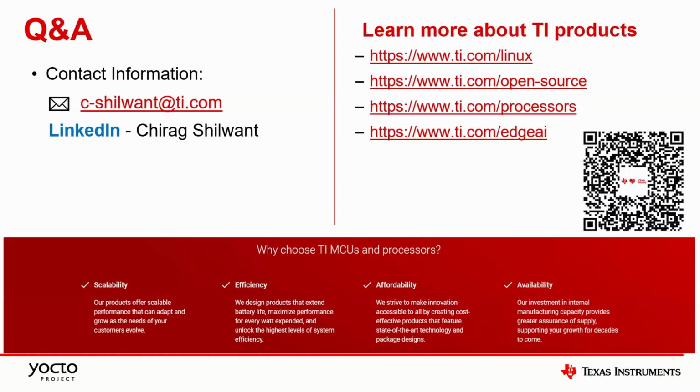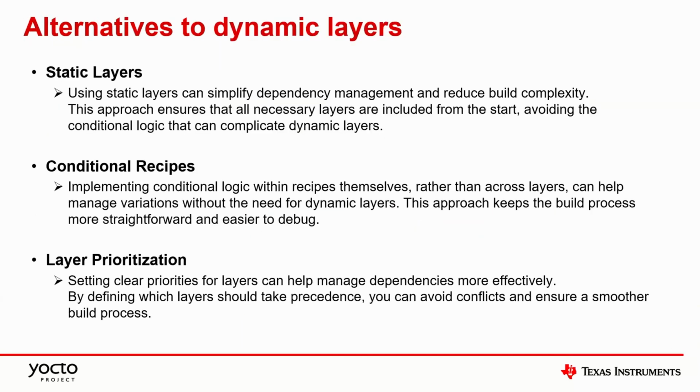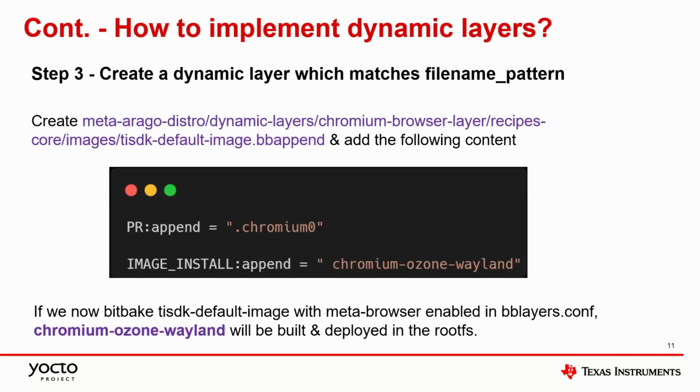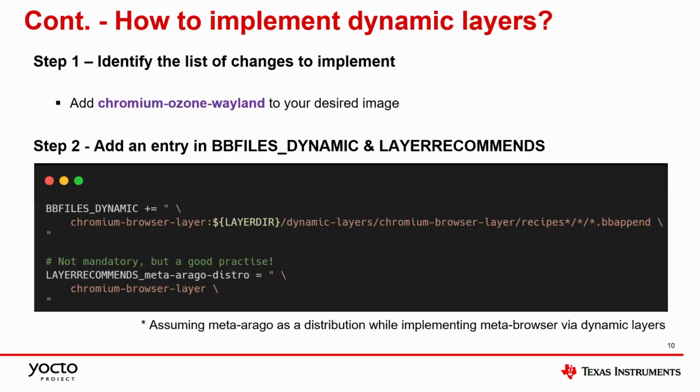Second question is, in your example, I didn't see the dependency of the meta-browser layer. How do you specify it? Eventually, I'm including that as a layer recommends, and it's not a direct dependency, and that's basically what dynamic layers are.